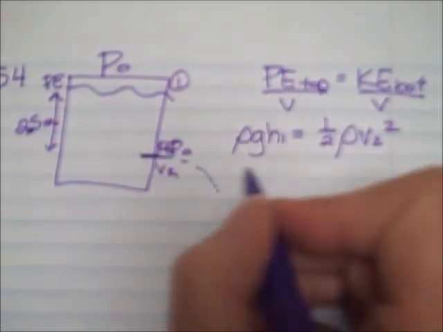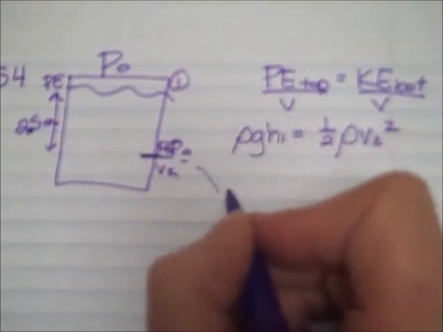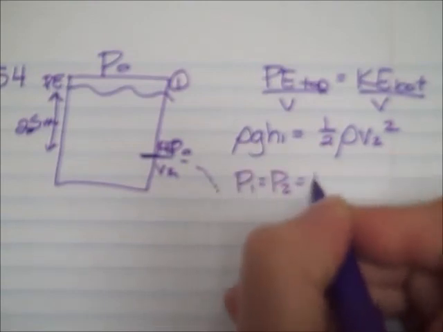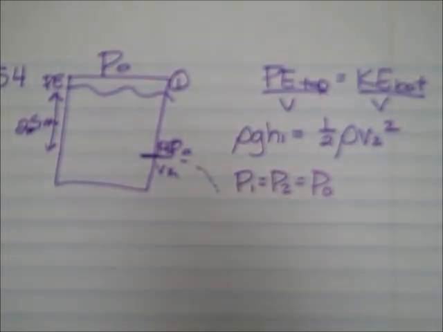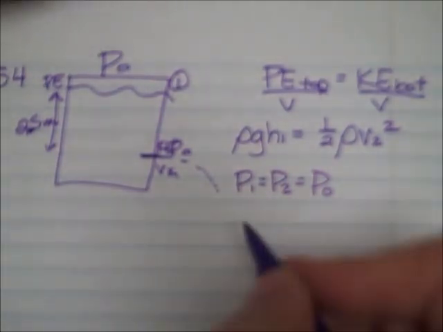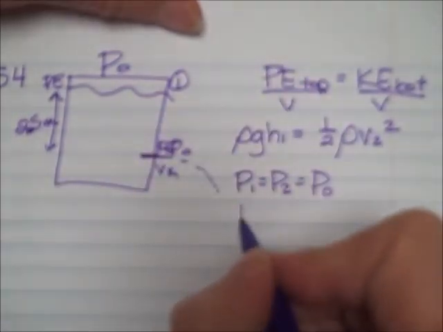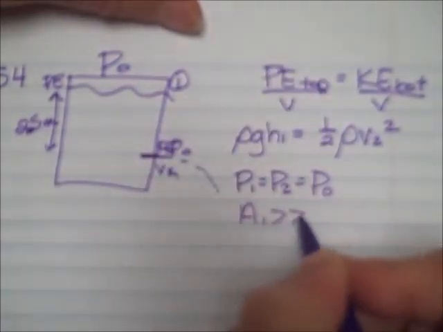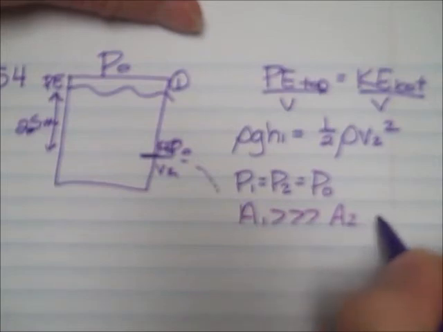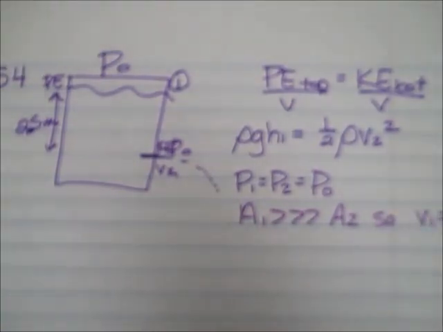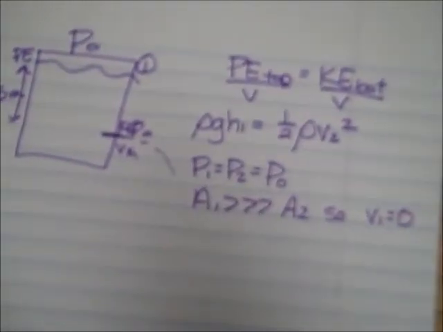And how I can get to this, a couple of things. P1 equals P2, which equals P naught. So the pressure cancels in both spots because both are open to the atmosphere. And the other assumption I'm making is that A1 is much, much bigger than A2. So we are assuming that V1 can be approximated as 0 velocity.